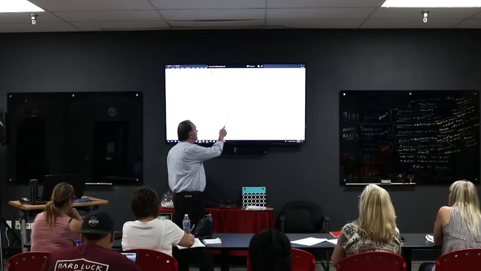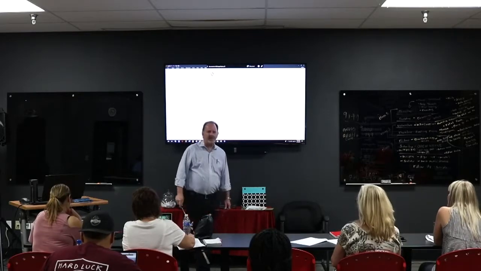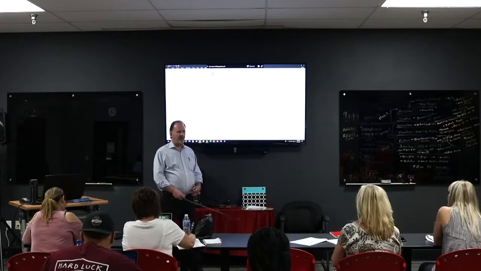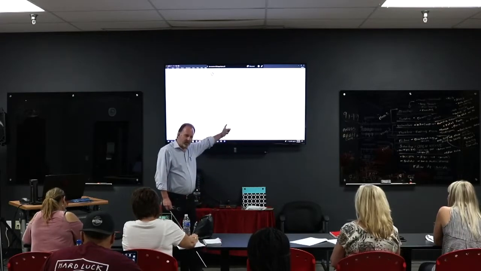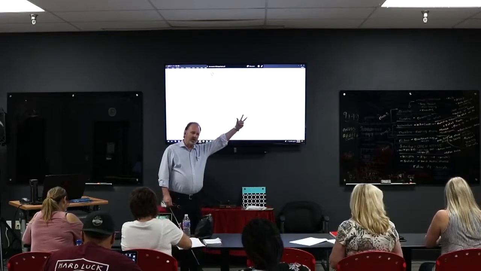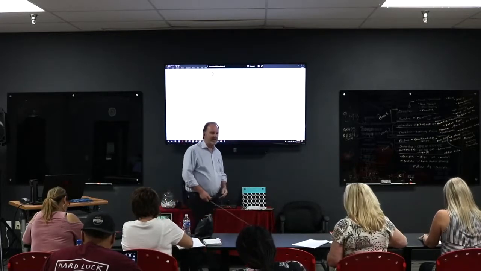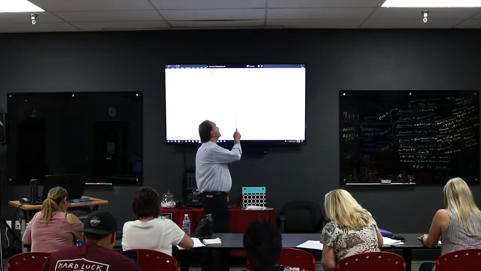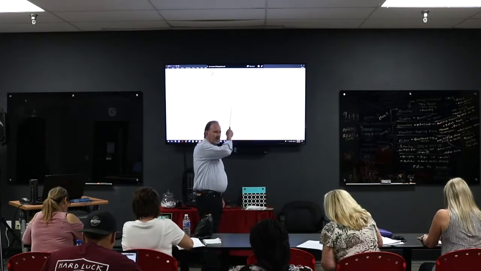Now, sellers' names. Make sure the sellers' names are the way they own the property. This is part of why we did the property profile. Make sure you use those names. If it's a trust, then the name of the trust is going to go here as the seller.